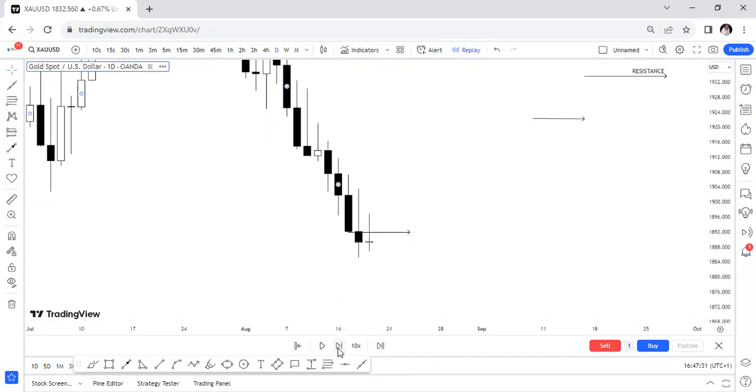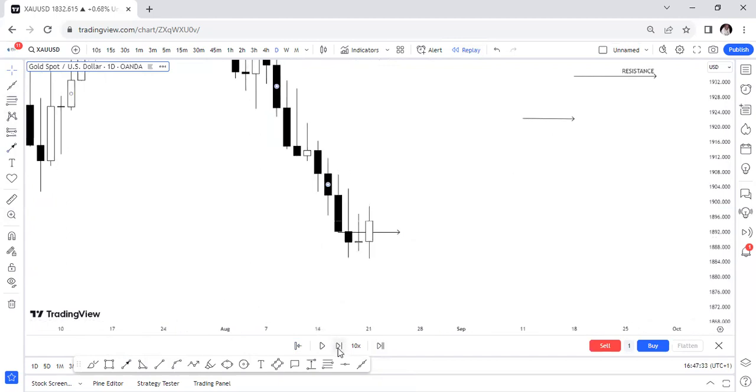Another one, you see a close above it, you don't sell anymore, because this indicates that price has returned into buying. You don't sell.